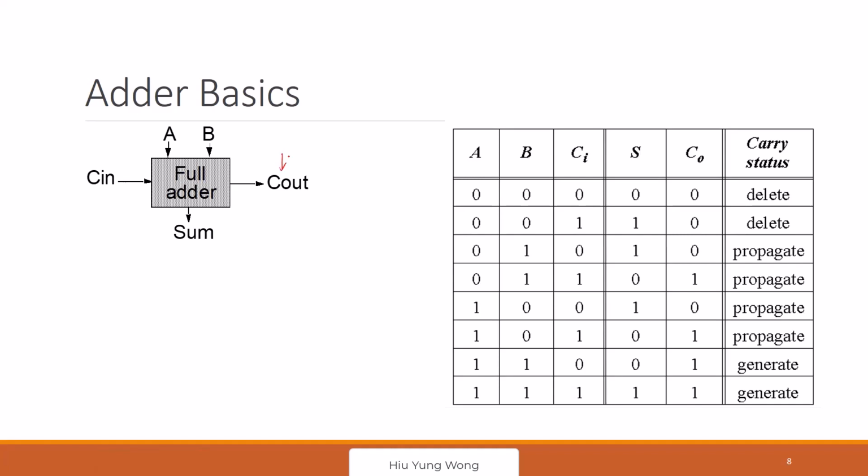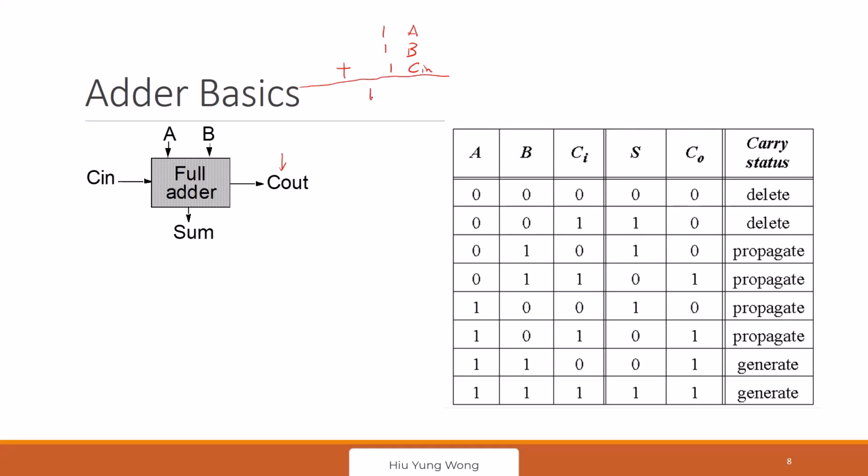Okay, so basically what's the 1-bit adder, right? We look at what is 1 plus 1 in binary. You have two inputs, A and B, okay? Sorry, I said something wrong. What I mean by full adder is that you also have the C in, the carry in from the previous bit.